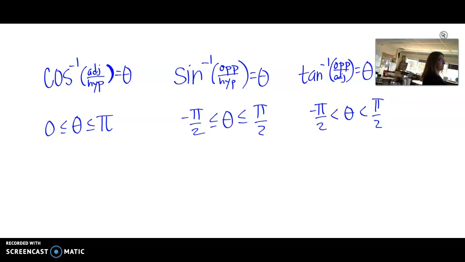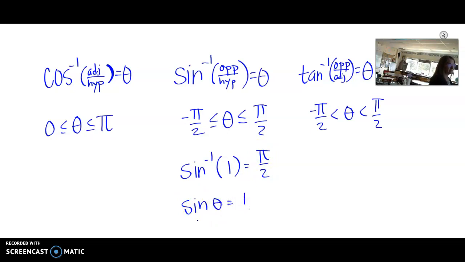So for example, if you were going to find sine inverse of 1, you're looking for what angle gives you the sine value of 1. And the answer would be pi over 2, because sine of pi over 2 equals 1.